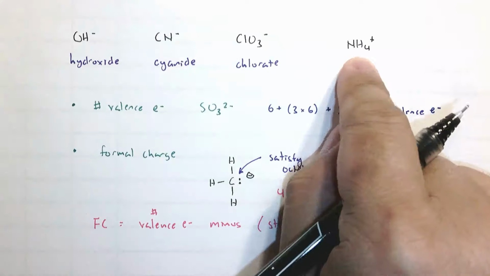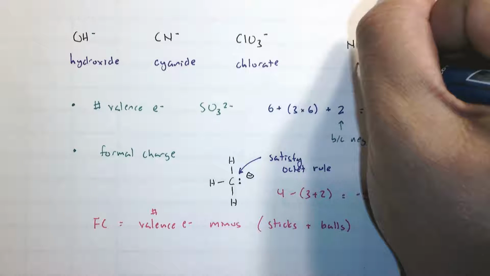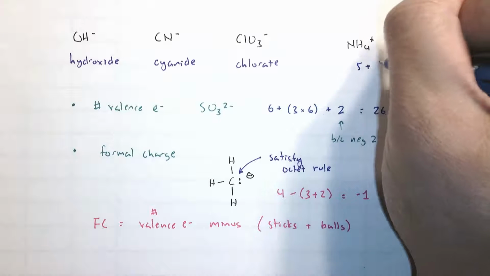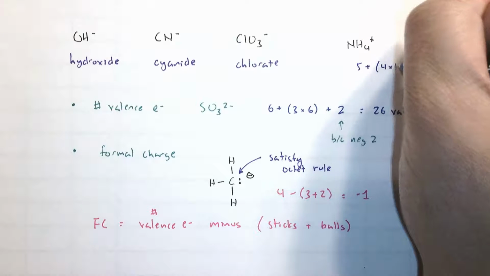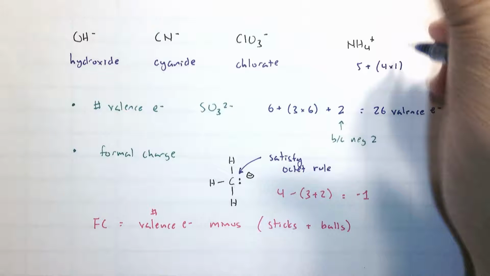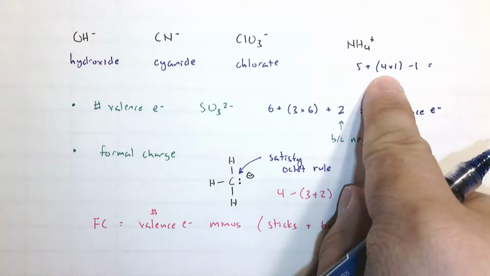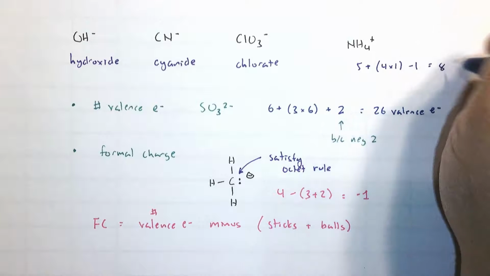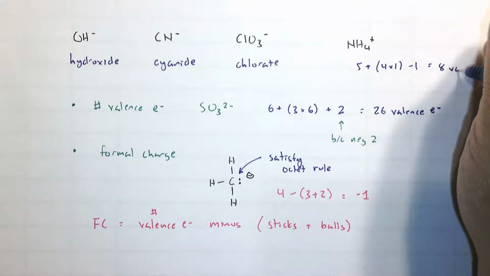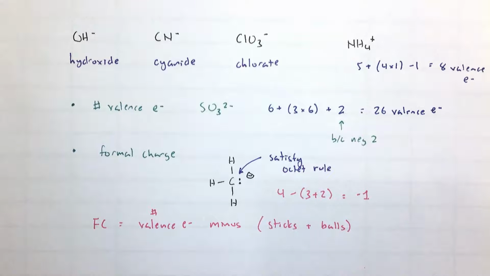So here, I'll do it, the number of electrons. It's 5 plus 4 hydrogens, each has 1 valence electron. But now since we have a positive charge, we subtract an electron. So this is what? 9, this is 8. 8 valence electrons.